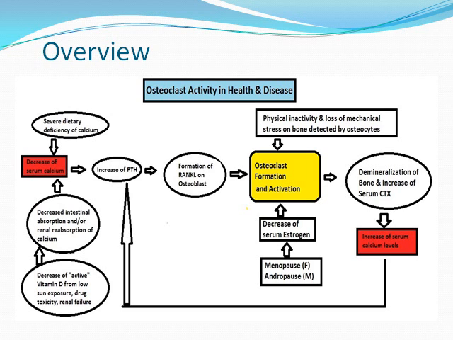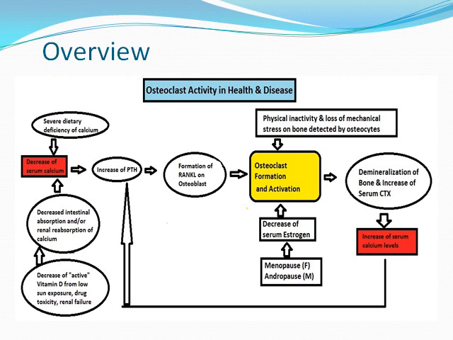So once you get osteoclast formation and activation, shown in the yellow box there, this can lead to demineralization of bone and an increase of serum C terminal telopeptide of type 1 collagen, or CTX, which then corrects the problem by increasing serum calcium.